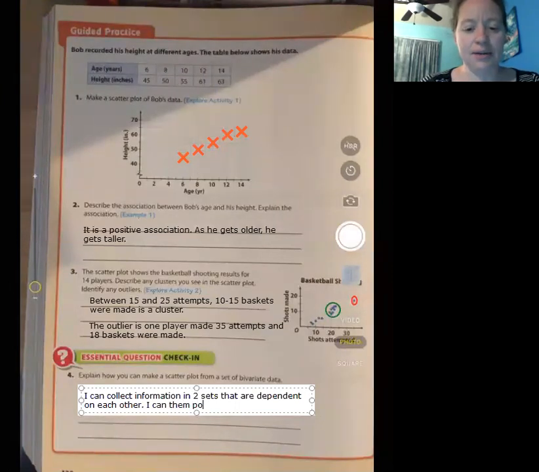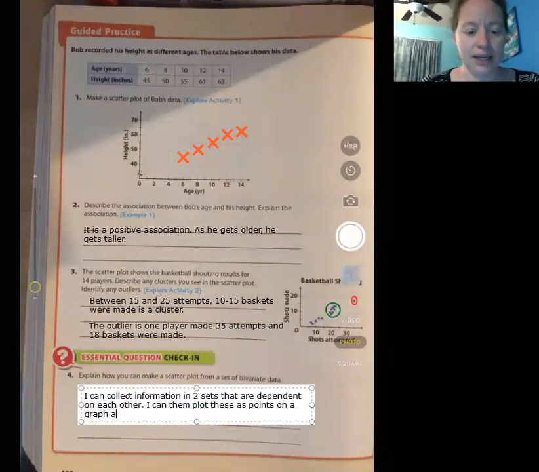I can then plot these as points on a graph and look for clusters and outliers.